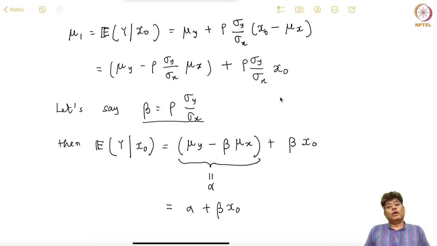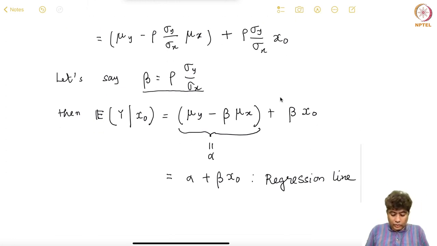So if you assume the underlying distribution between x and y is bivariate normal, then we can argue that the conditional expectation of y given x, or the regression function, is a line, and this is typically called the regression line.